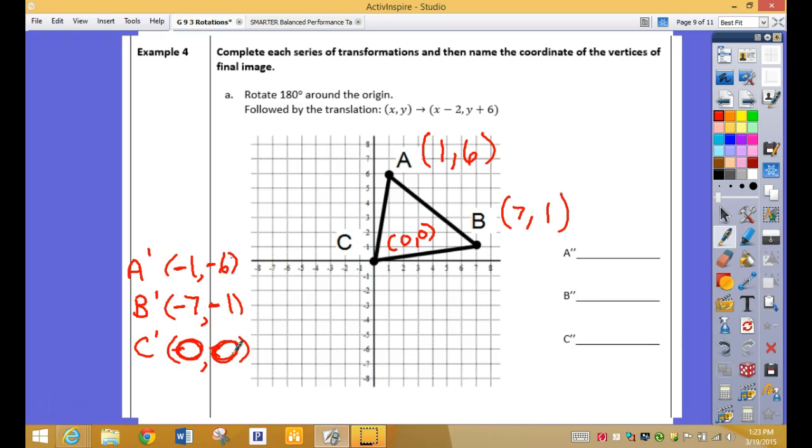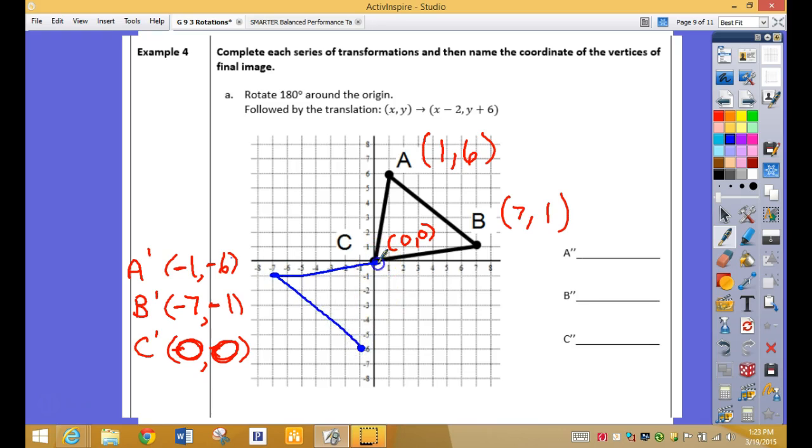Okay, let's plot that one on our graph. Negative 1, negative 6, negative 7, negative 1, and 0, 0.